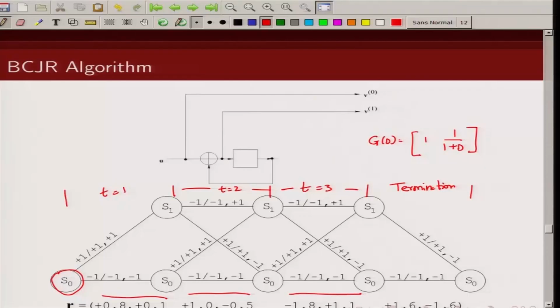For t equal to 3, I received minus 1.8 and plus 1.1, and during the termination phase, I received plus 1.6 and minus 1.6. Please note, given this received sequence, I am interested in estimating the information bit that was transmitted at time t equal to 1, at t equal to 2, and at t equal to 3.